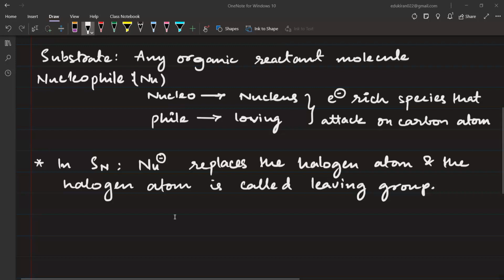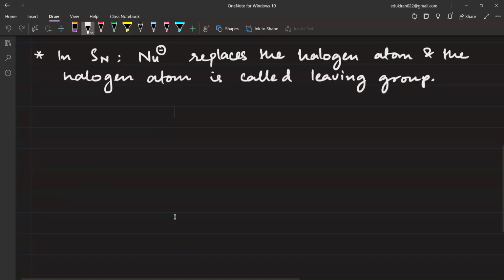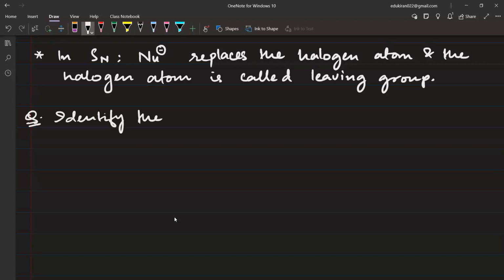So just a simple question. Identify the nucleophile and leaving group in the following.